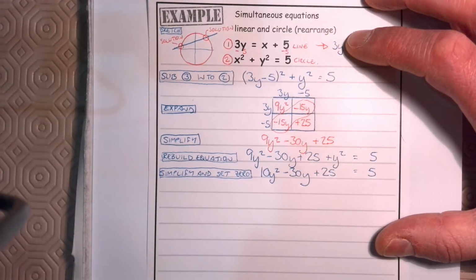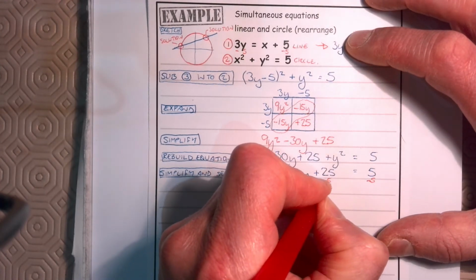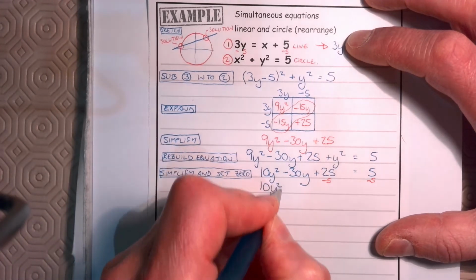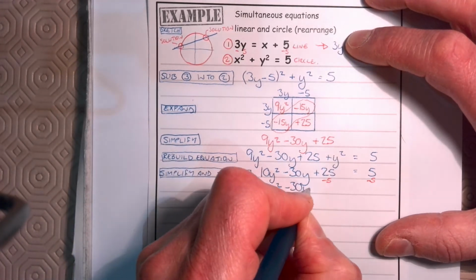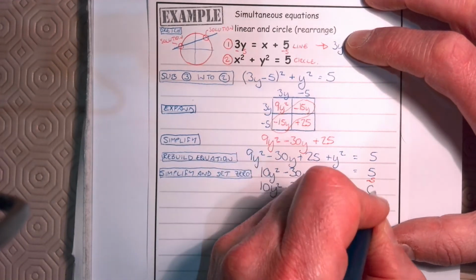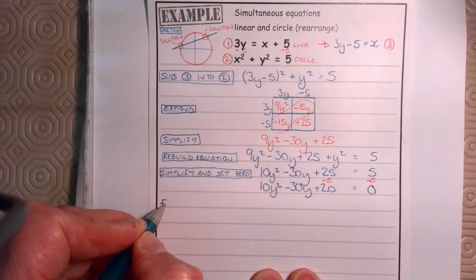If I subtract the 5 from both sides, then I've got 10y squared take 30y plus 20 is 0. Okay, so now we've got a quadratic equation and we're going to need to factorize it.